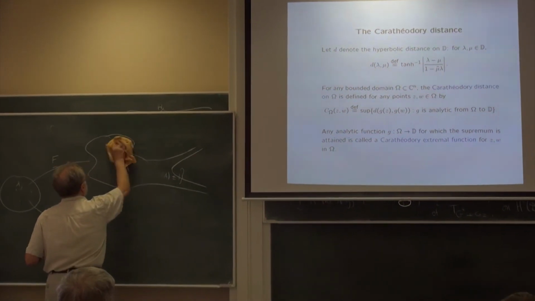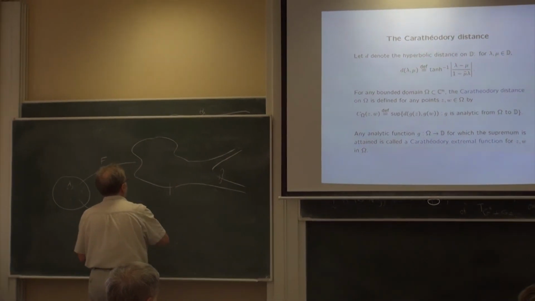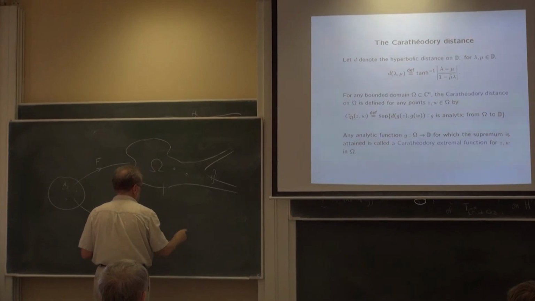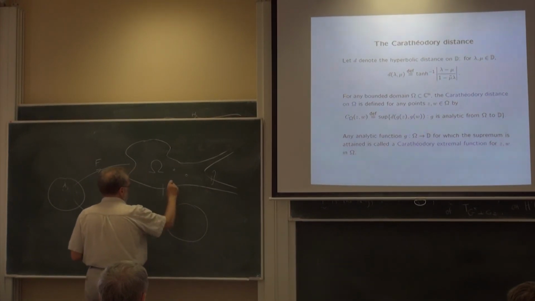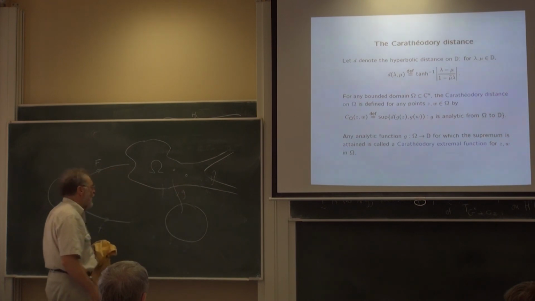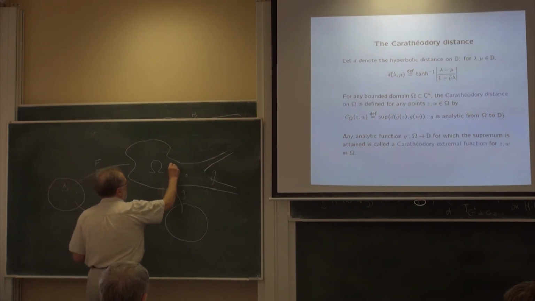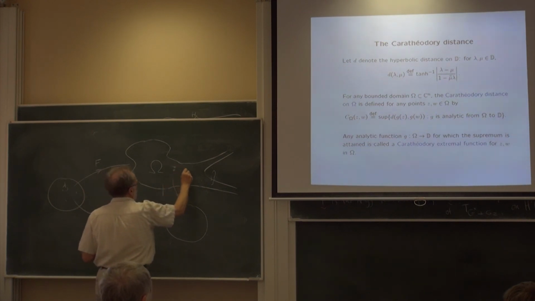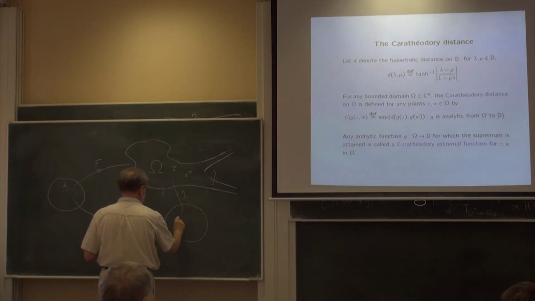So here, this is now a general omega, it's not that particular omega. And you've got 2 points in omega, and you look at all analytic maps from omega to the disk. So what did I call those points? Z and W. So you get G of Z and G of W down here.